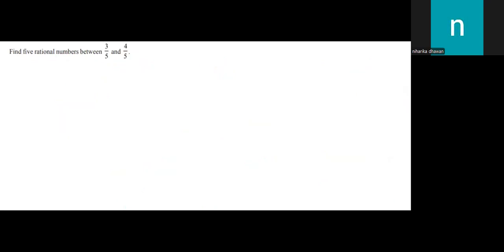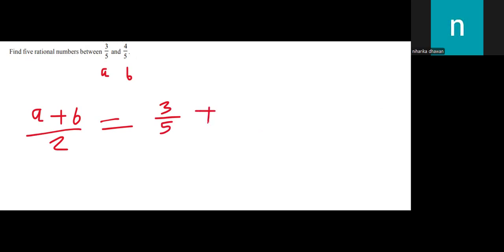Now comes the question. Find five rational numbers between 3 by 5 and 4 by 5. Here I can take a as 3 by 5 and b as 4 by 5. So (a plus b) by 2, this formula will be used to find the first rational number. 3 by 5 plus 4 by 5, by 2, which is equal to 7 by 10.